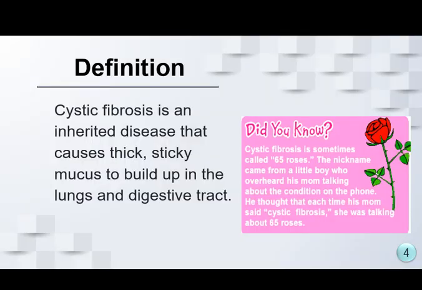So the definition for cystic fibrosis is that it is an inherited disease caused by thick, sticky mucus that builds up in the lung. Did I ever talk about the lung at the beginning? No, because most of the autopsy findings from the patients were fibrotic cysts, but they died because they couldn't breathe. That is because the mucus is built up in the lung.